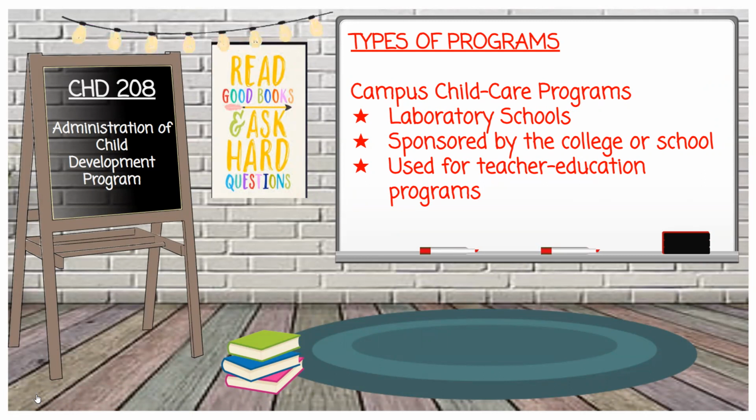So it was a benefit for the students and the employees here, and it allowed the child development program to actually use it where they could go in and work with children and observe children. Okay, so in a lot of these colleges and universities, they use that campus child care program for their teacher education program.